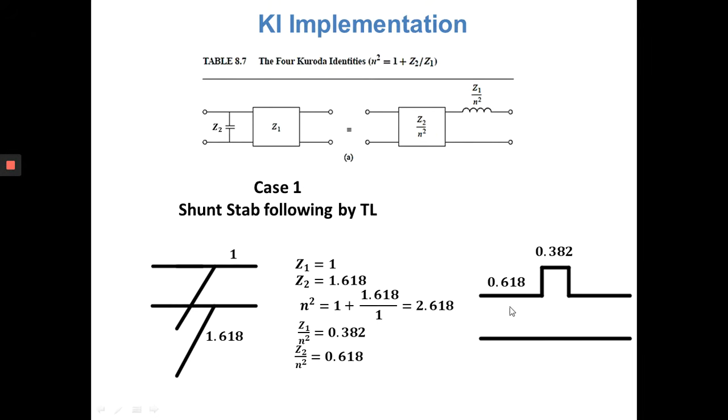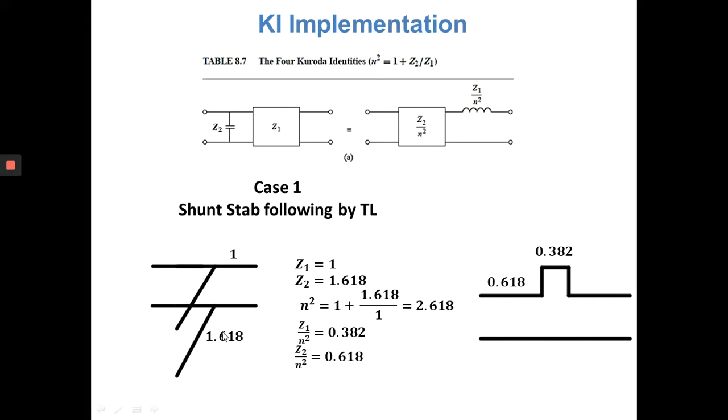If you are finding the transmission line impedance, you use the impedance of the stub and divide it by n square. So Z2 divided by n square gives us the value of this one, and Z1 divided by n square gives us the value of this one.